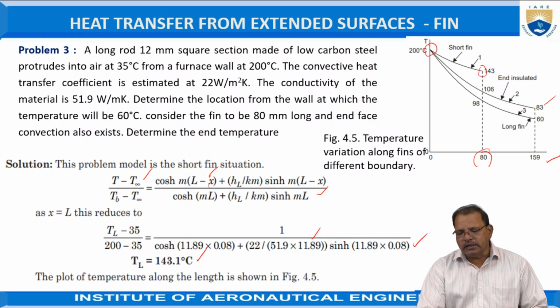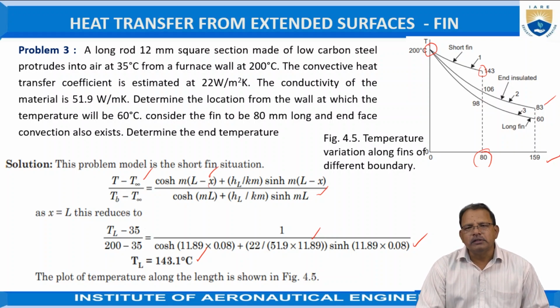When the long fin is there, the value at 80 mm is 98 degrees centigrade, but at 159 its value is 60. So the temperature gradually drops as the length of the fin increases.